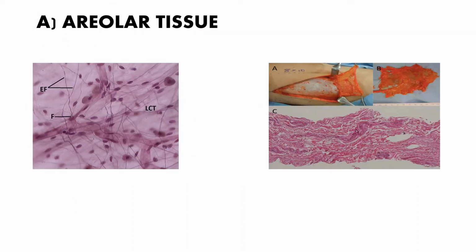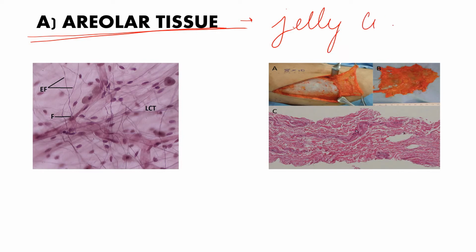All right, let's go ahead. The first division under the fibrous tissue is the areolar tissue. These areolar tissues are basically jelly-like, and they are made up of several elastic fibers.